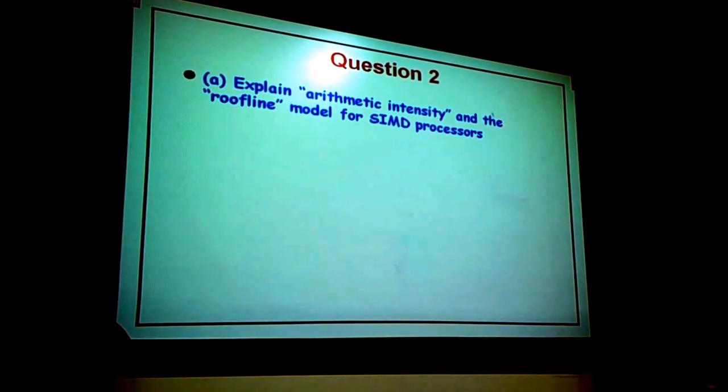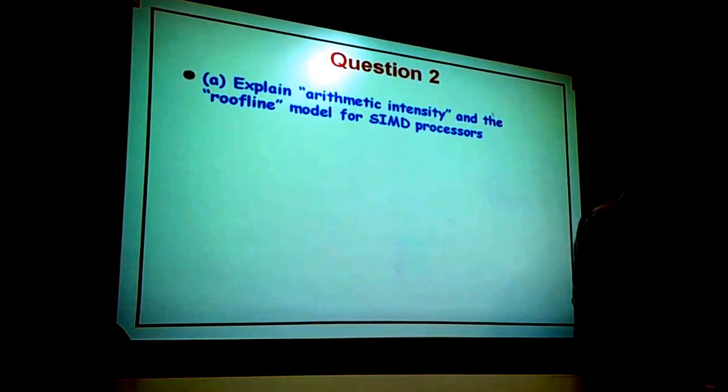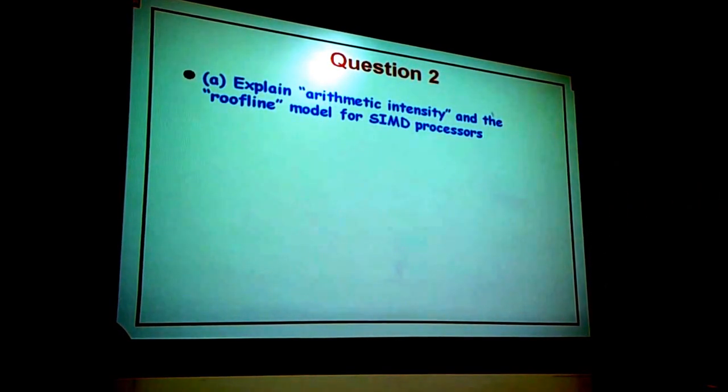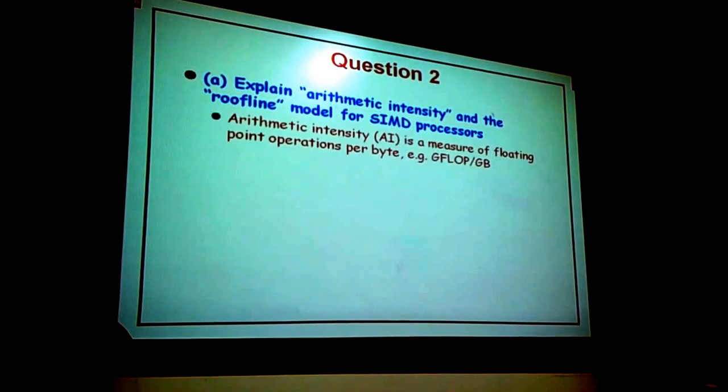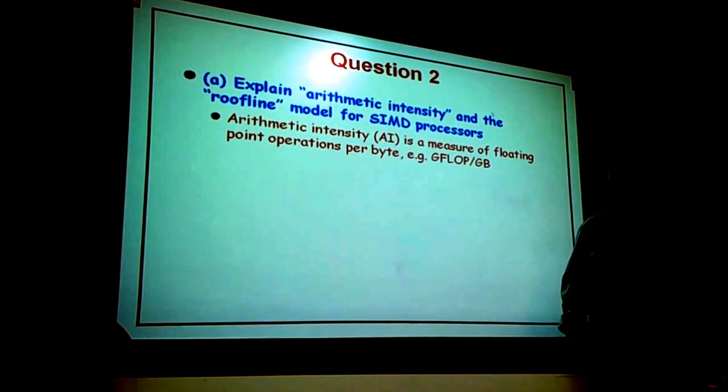Okay, so arithmetic intensity really relates the performance in terms of flops or gigaflops to the memory required to carry out those floating point operations.